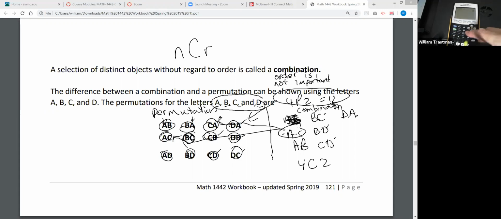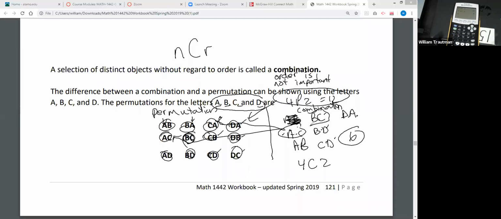So for 4C2, press 4, math, probability, combination is number 3, and then hit 2. And do you see for combination, there are only 6 possibilities.